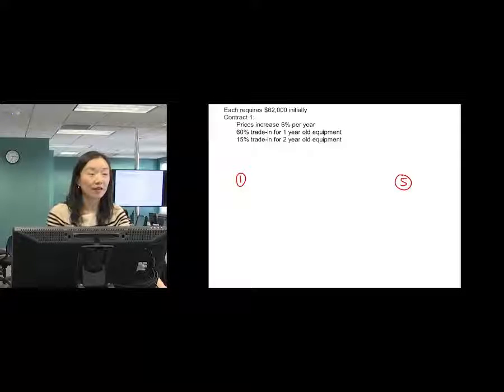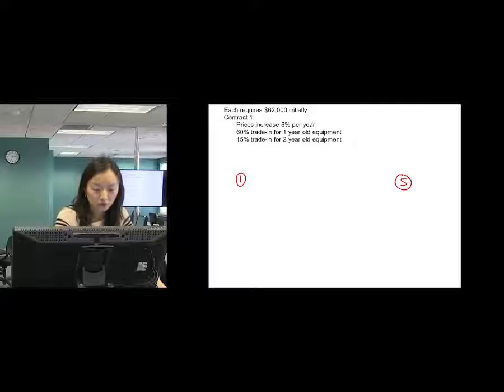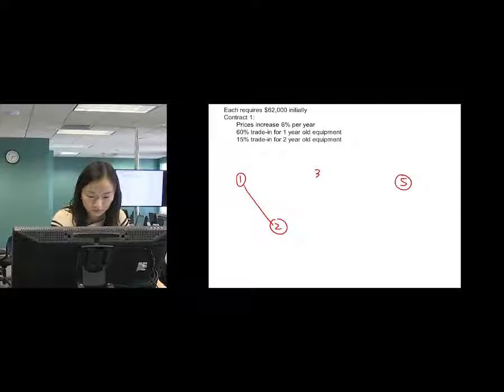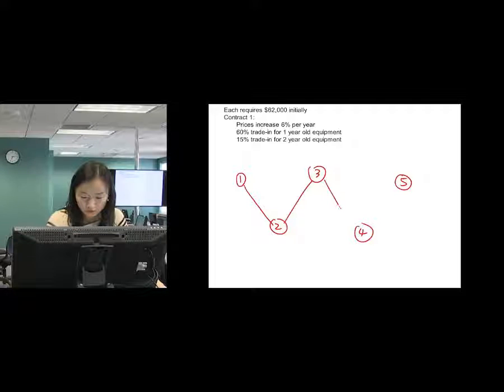From the analysis, we already hinted that there are multiple paths to go. We can go 1 to 2 years, 3 years, 4 years, and 5 years. So that's one way to go.